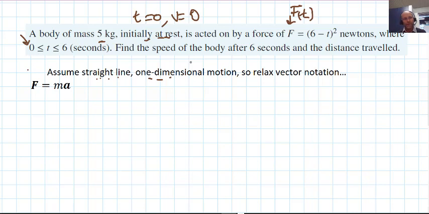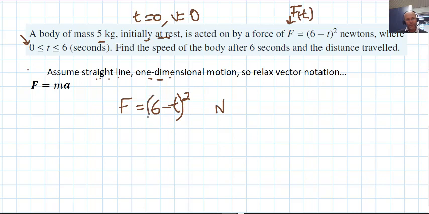Okay, so we've got F equals ma. Now this is the main difference between moving from the previous acceleration questions we did and the force ones. So F equals ma. Now we're given F equals, I'm just going without the vector notation now, F equals (6 minus t) all squared newtons.